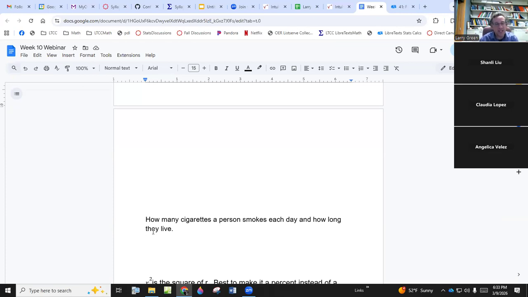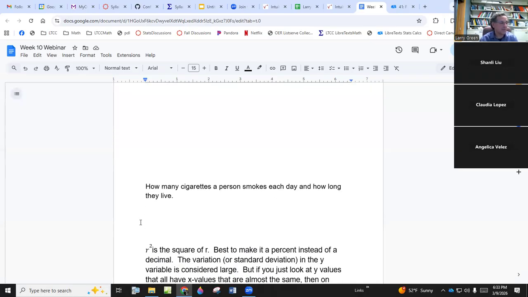And there's been plenty of data analyses and studies where they've shown that there's a negative correlation. Okay, and hopefully you've been educated enough to know that smoking often makes you die younger. Any questions at all on those examples?